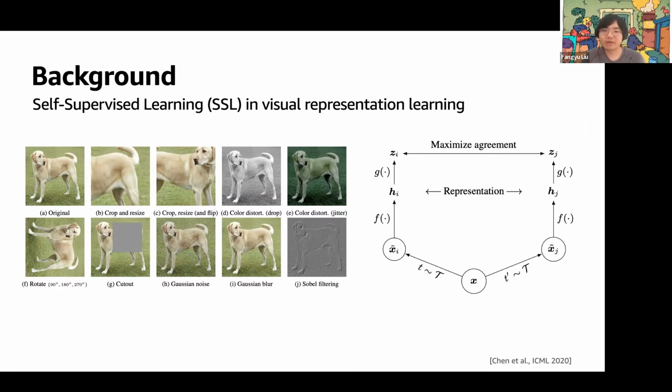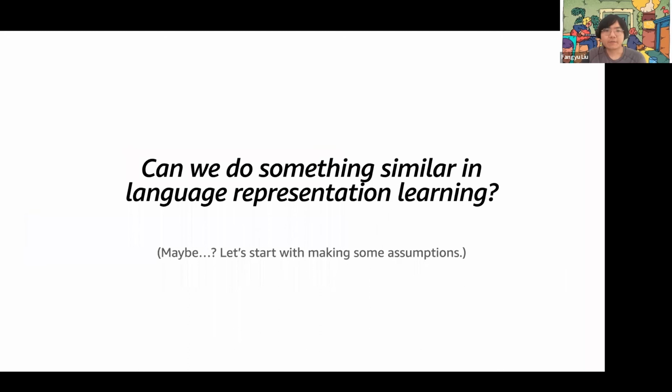And the learning objective is simply to maximize the similarity of images originated from the same original image. But can we simply do the same thing for language? Is there any problem we need to be conscious about?